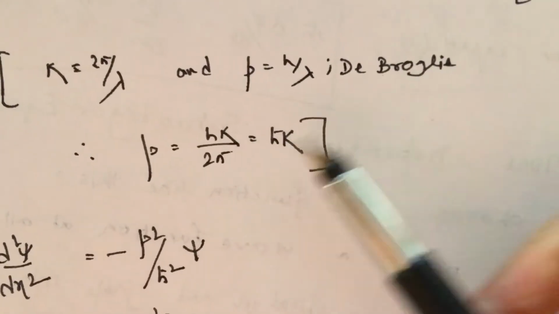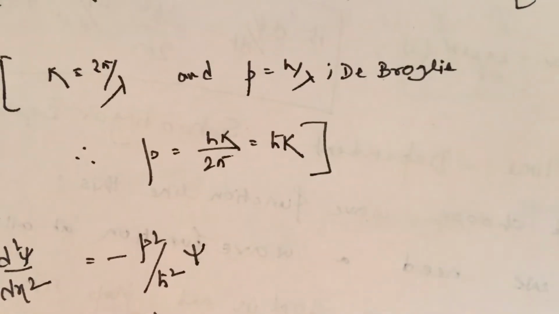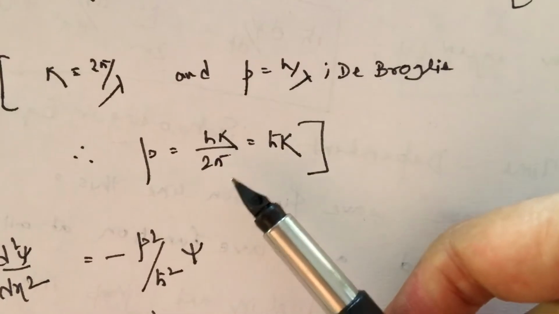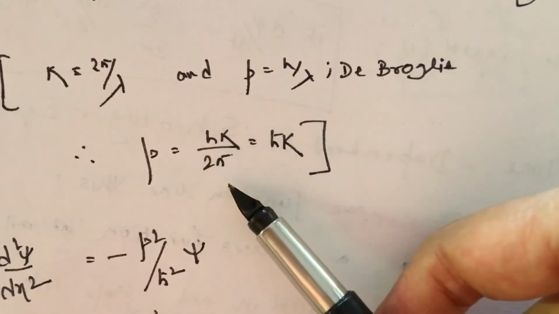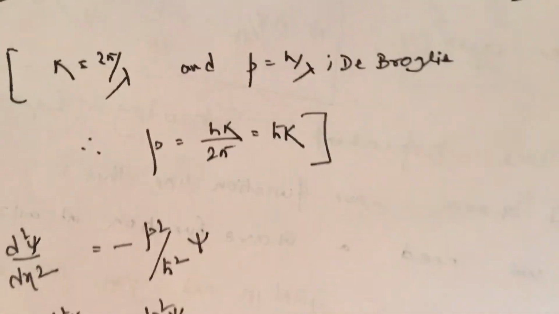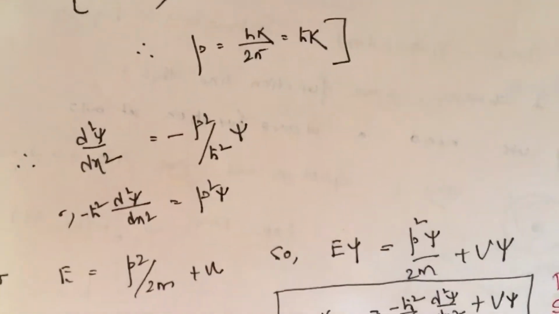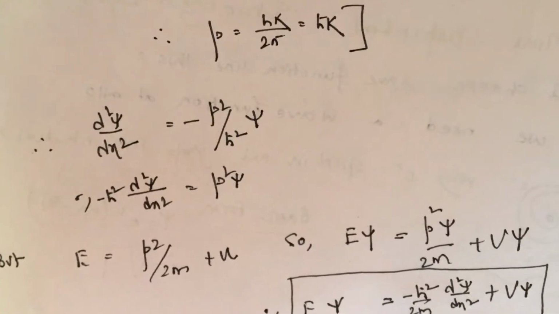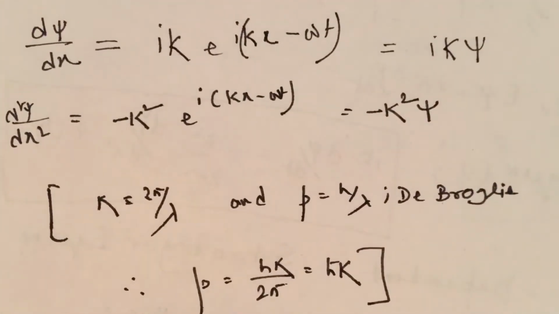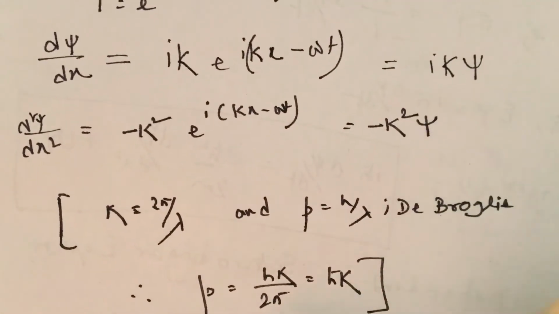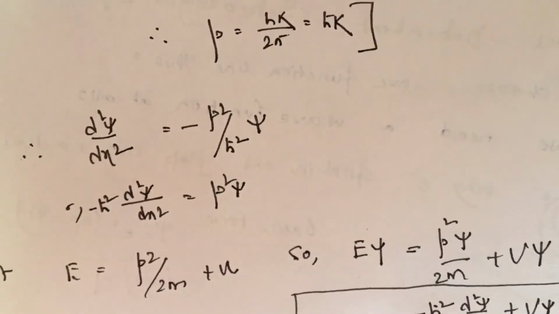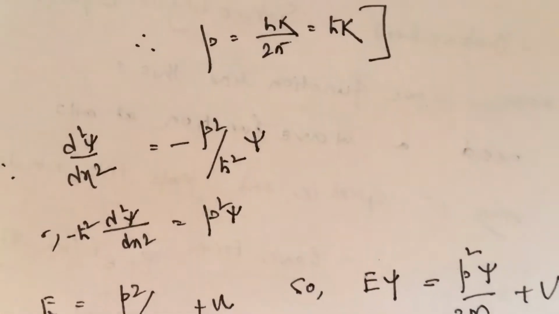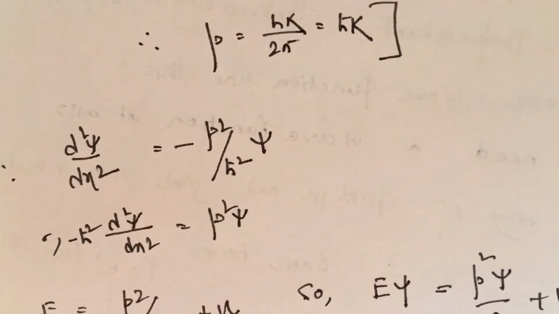So Planck's constant is defined in a new way as h by 2 pi, that is the reduced Planck constant h cross equal to h by twice pi, and we get p equal to h cross k. So for d2 psi dx square, instead of k square I can write p square by h cross square. So d2 psi dx square equals minus p square by h cross square into psi.